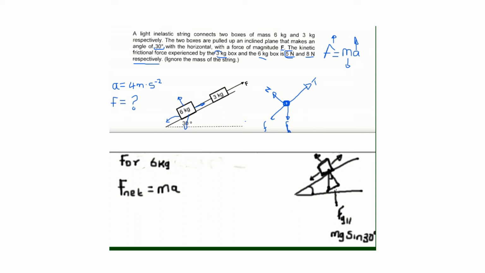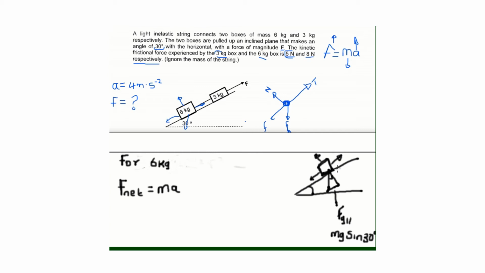If you check, this force here was responsible, right? This mg sine theta, or this Fg parallel, it was responsible. And then this friction force was also responsible because it was against the motion, right? So the normal force in this case is not responsible in pulling this backwards or forward.